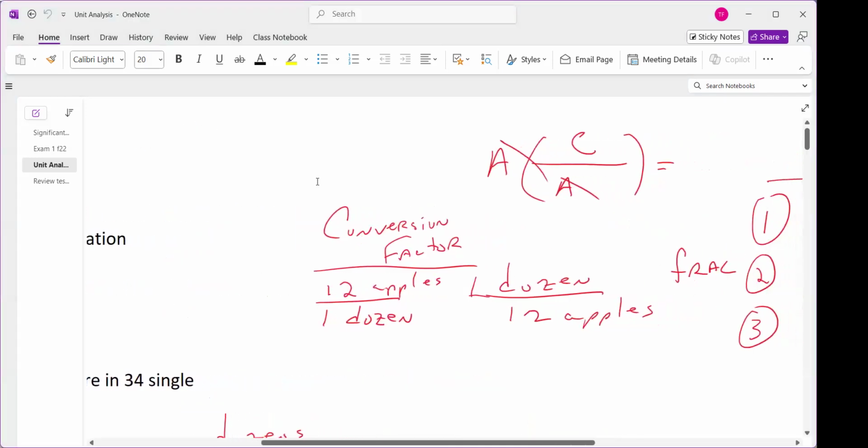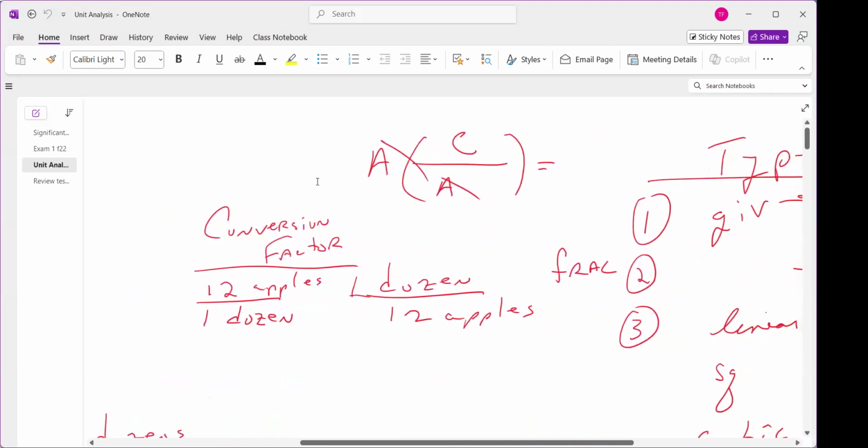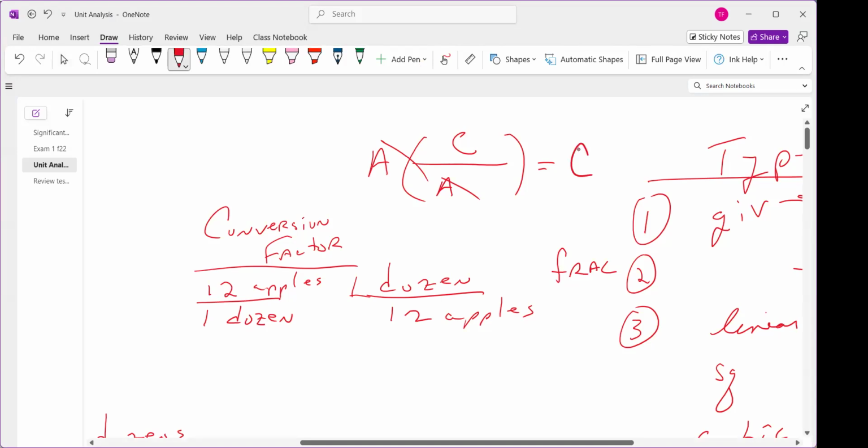Now, a conversion factor. In basic algebra, if we multiplied A times C over A, the A's cancel, giving us C as the answer.